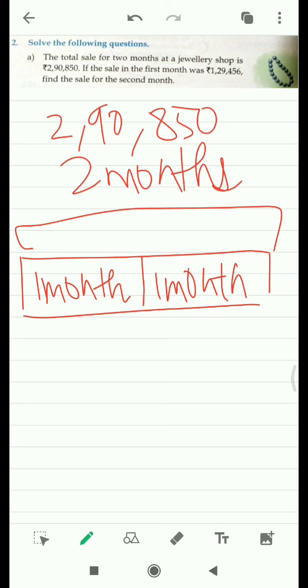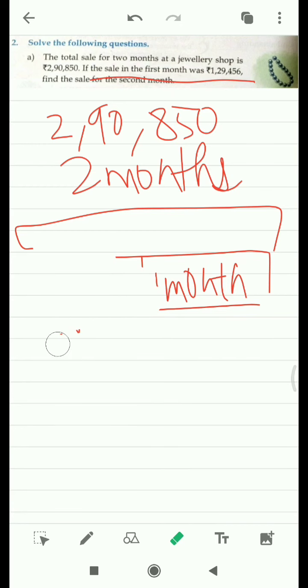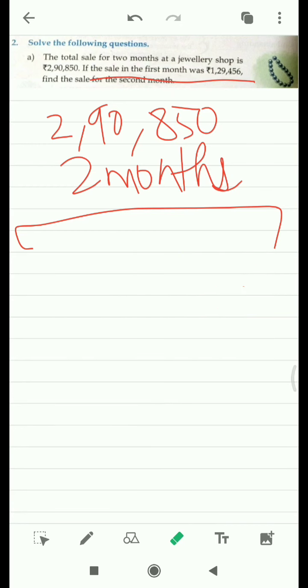And after that, the sale for the first month is mentioned, that is for this month. Let's just write first and second month instead of one month.